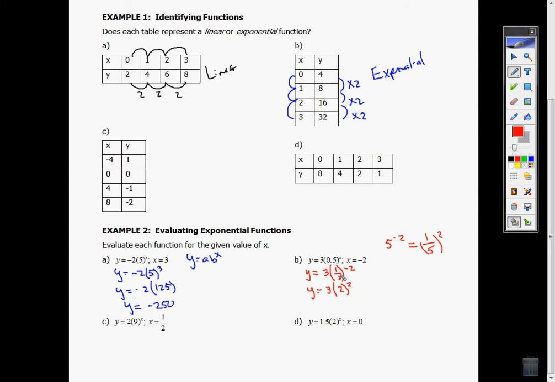This way, it's the exact same thing, we're just going from the fraction to the whole number this time. Alright, so try not to get too confused by that part. So now we need to evaluate y equals 3 times 2 squared. 2 squared is 4. So what does y equal? 12. Fantastic. Again, try C and D on your own. We will check in on those in class, and then we will move on.